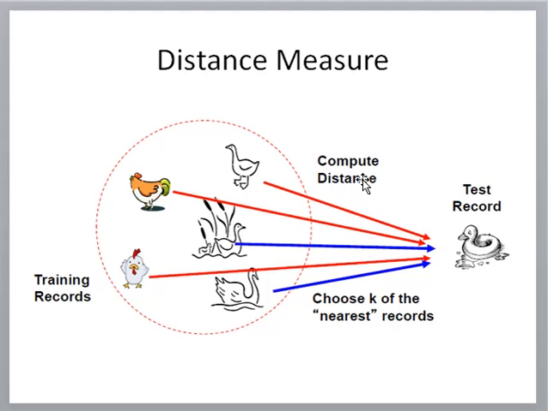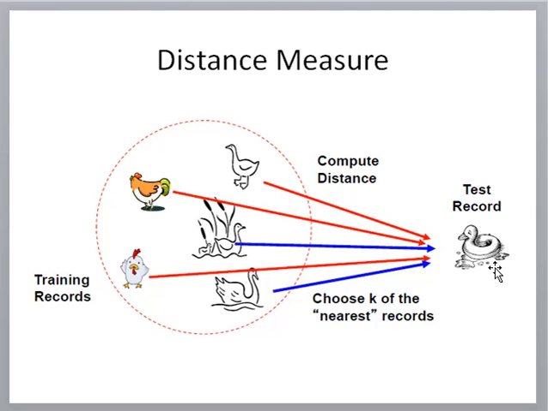The distance measure computes the distance of an unknown object. In this example, we have a circle with a radius around the unknown object, and for the instances lying within that circle, we compute their distances from the unknown object, or test record.